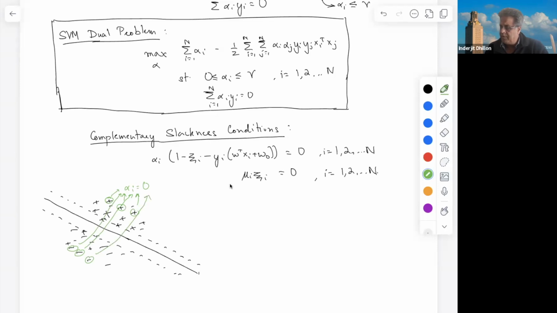From before, there are some points on the boundary. These points all have alpha i's greater than 0.